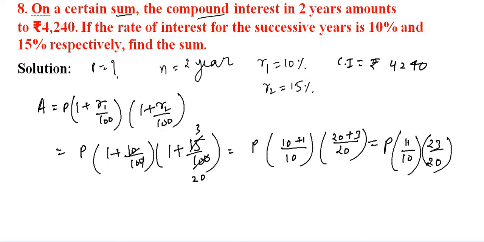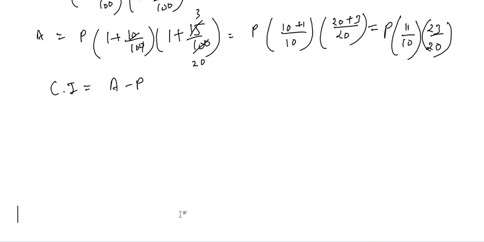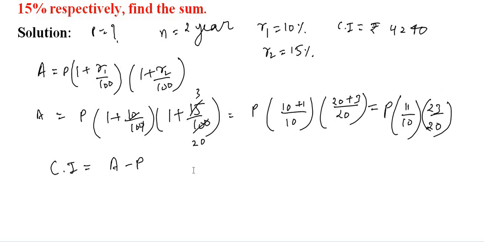Okay, this is amount and CI is given to us. CI, how are we calculating CI? Amount minus principal. Like this we are calculating CI. CI is given. How much is the CI? CI is 4240 equal to amount.